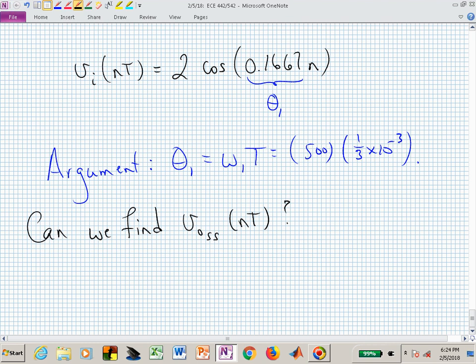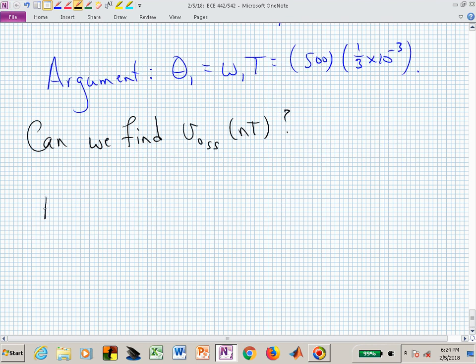How do we know how V sub 0 steady state differs from V sub I of nT? By the transfer function. If we had the transfer function, we could evaluate that transfer function somewhere and use that information to relate V sub 0 of steady state to V sub I. So we need the transfer function.